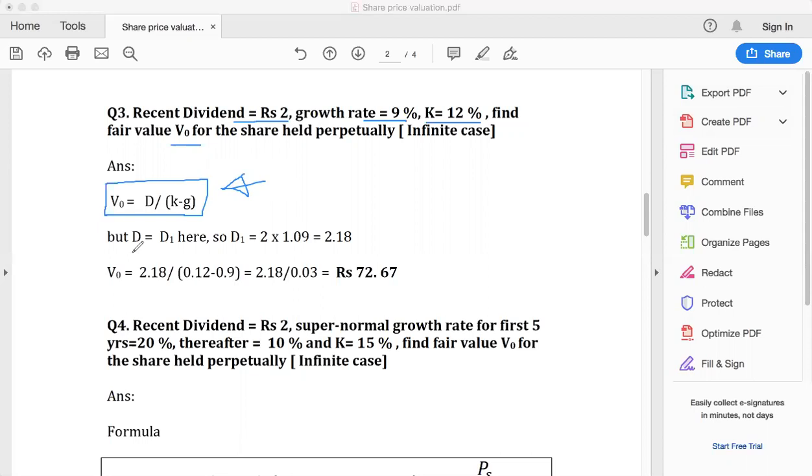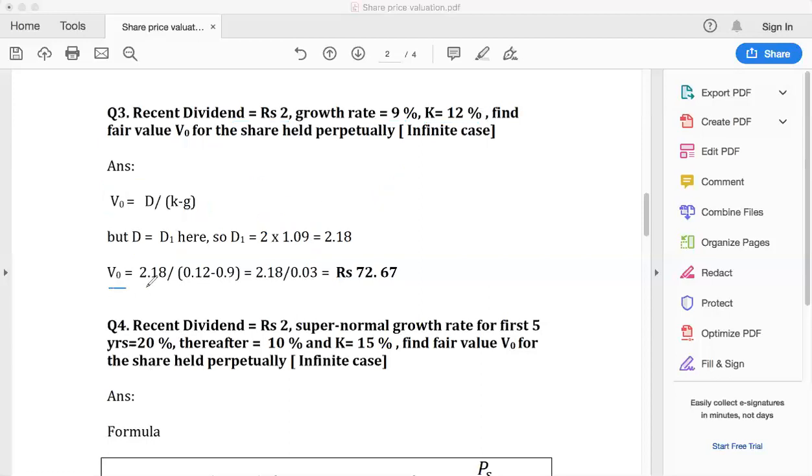The dividend D1 at the end of year 1, not the dividend D0, is to be taken into account, right? Because your infinite period will start from D1. So D1 should be D0, which is 2 here, multiplied by 1.09, and you get D1. And now it's a perpetuity case.